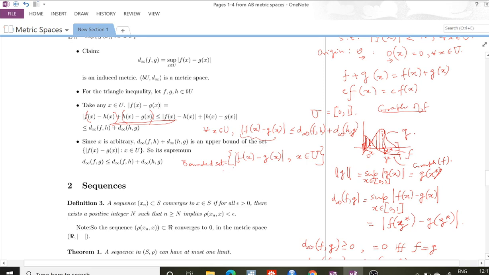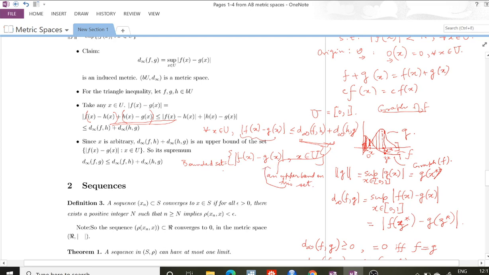So when we take this inequality for all x, we're saying that for every x in this set, this distance is less than or equal to this real number on the right hand side. So this real number on the right hand side is an upper bound on this set, right?